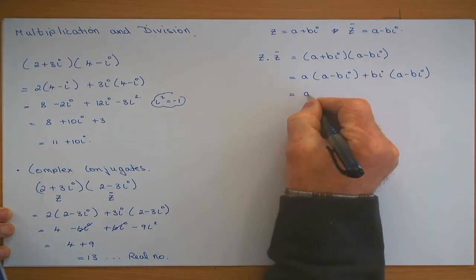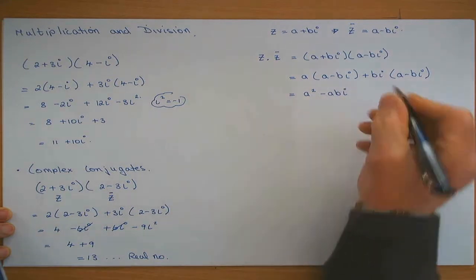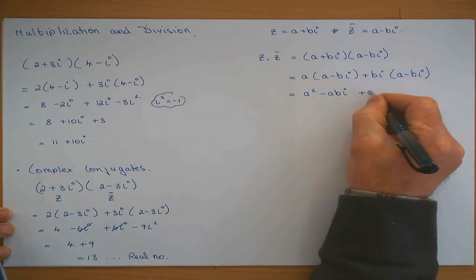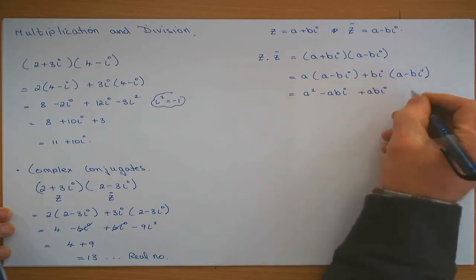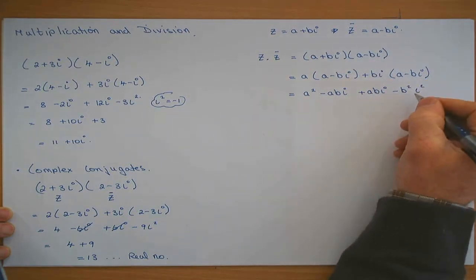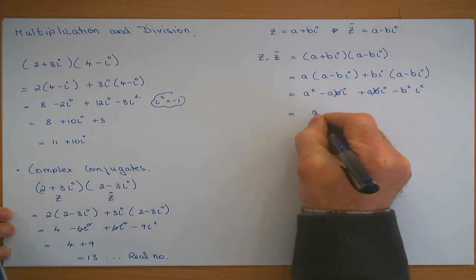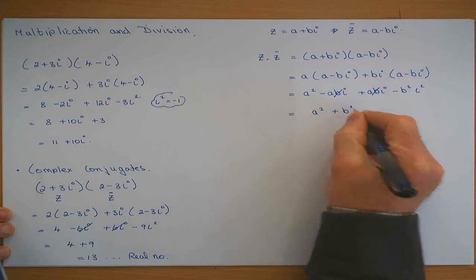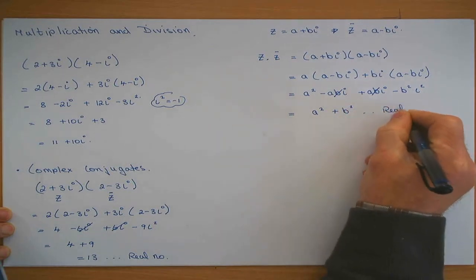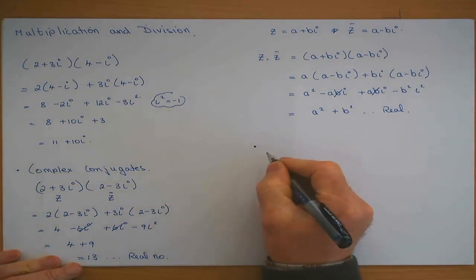A by a is a squared. A by minus b iota is minus ab iota. That by that is plus ab iota. And that by that is minus b squared iota squared. What's iota squared? Minus 1. They cancel. So I'm left with a squared plus b squared. And that is a real number. How do I know it's a real number? There's no iotas in it.